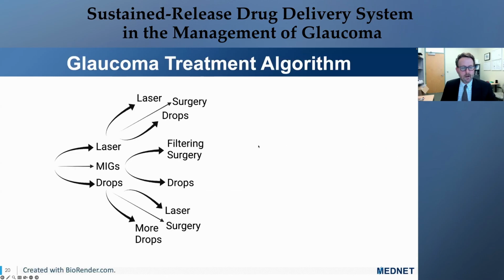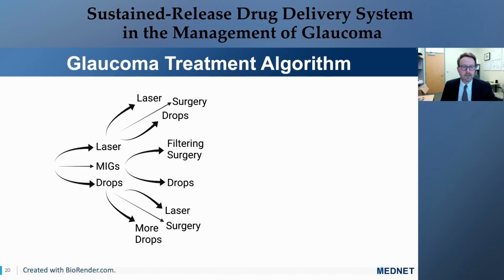But in the last 15 years or so, this treatment paradigm has really changed quite significantly. So now when a patient is diagnosed with ocular hypertension or glaucoma, they have a number of different options. One of them is drops, but laser treatments such as selective laser trabeculoplasty are also a good early option, as well as MIGS if a patient is going in for cataract surgery.